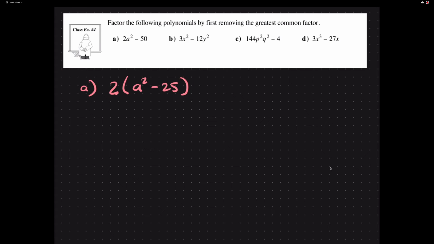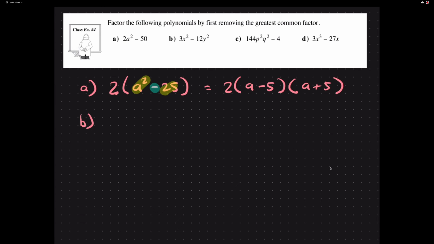Now I've got the correct format in there where I have the subtraction sign in the middle, and a squared is a perfect square, and 25 is also a perfect square. So I'm going to rewrite this as 2 times a minus 5 and a plus 5.